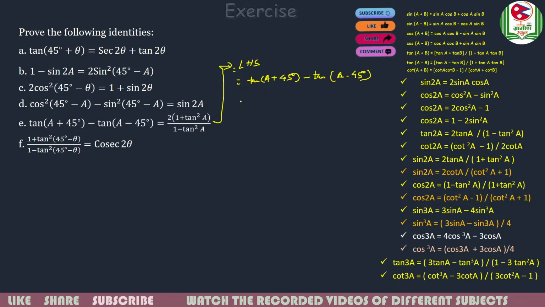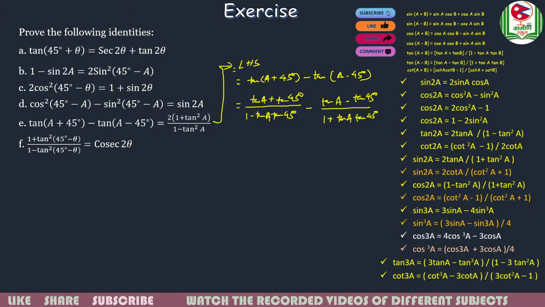So what will we write here? tan a plus tan b upon 1 minus tan a into tan b. And as it is negative here, we write tan a minus tan 45 upon 1 plus tan a into tan 45 degree.